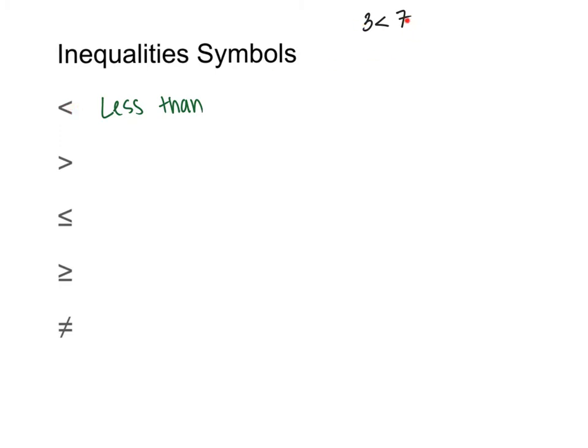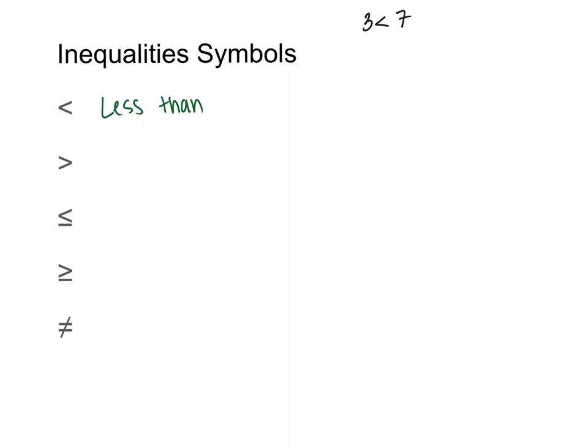Notice when I read left to right, this has to be 3 is less than 7, because the mouth is facing the 7, so 7 has to be greater. So when you're reading from left to right, you can already see that this item has to be less than.